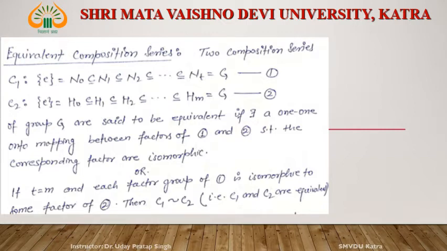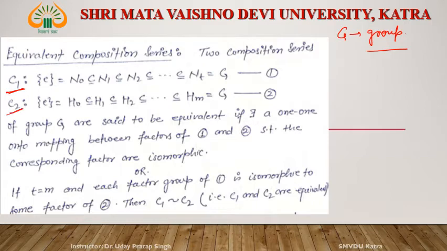What does it mean? Suppose G is a group, a finite group. C1 is one composition series, and C2 is another composition series.